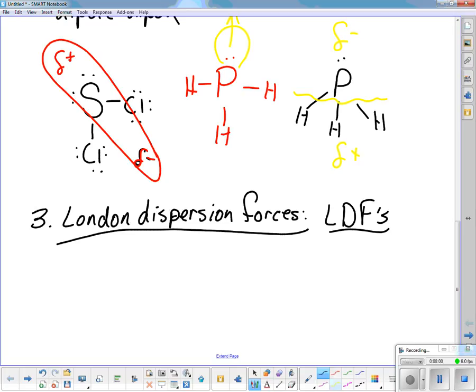So LDFs are basically any other intermolecular bond. Basically, it's just because you got put in this room, you have an LDF with everybody else in this room. Okay, you have a bond. It might not be a one-on-one bond, but you sort of know who everybody is in this class. Does that make sense?